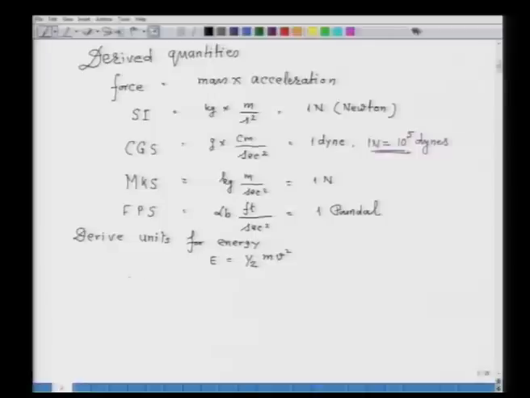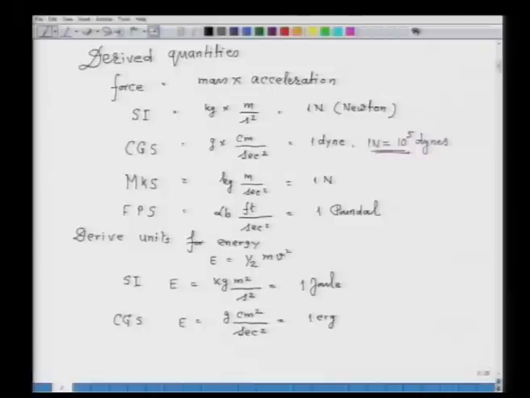So, in SI system, E will be equal to kg meter square upon second square, and as all of you know, that is 1 joule. Similarly, in CGS system, energy will be gram centimeter square upon second square, and that will be equal to 1 erg.